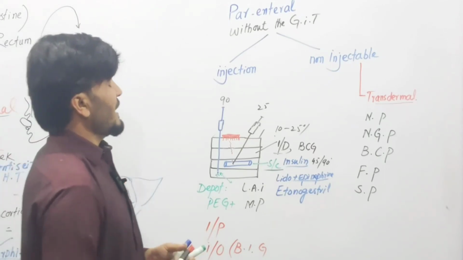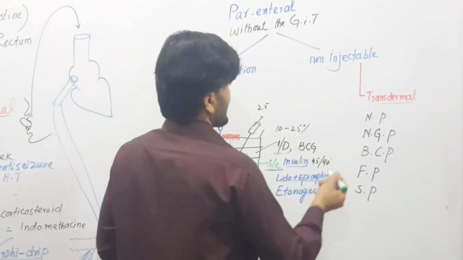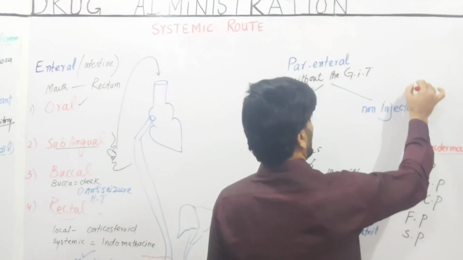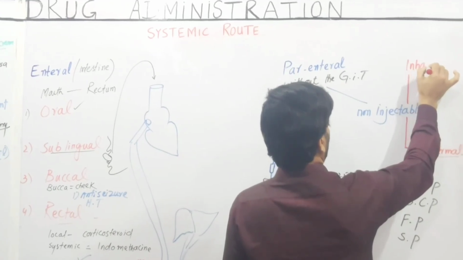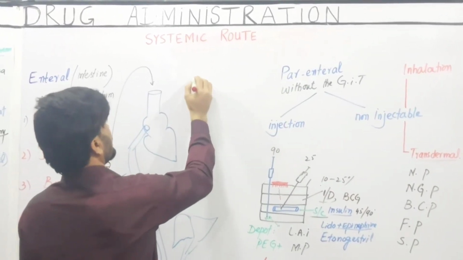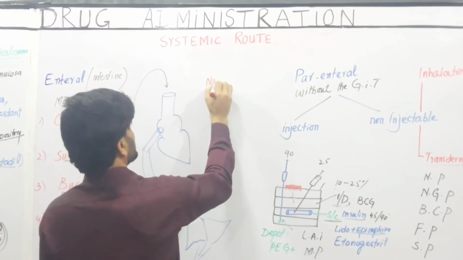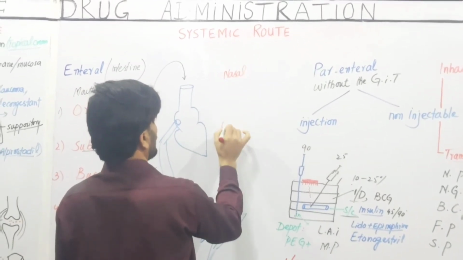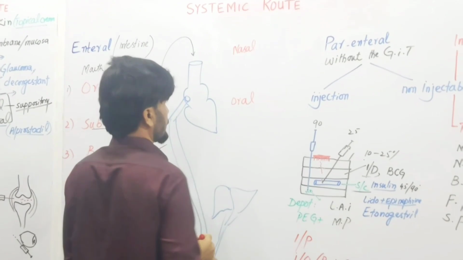Another subclass of the parenteral route is the inhalational route, and this includes the nasal inhalational route and oral inhalational route.